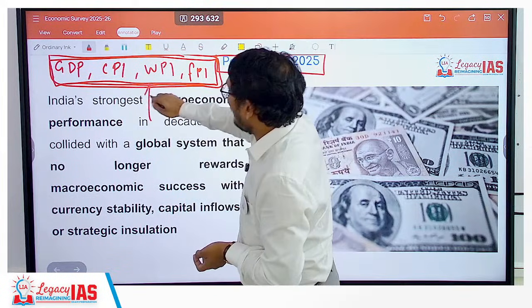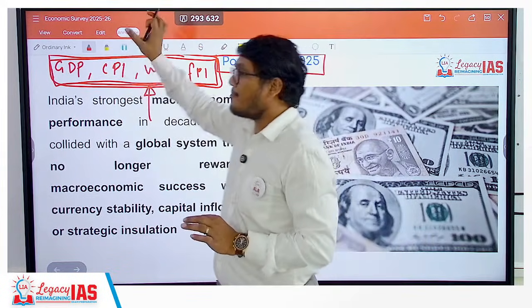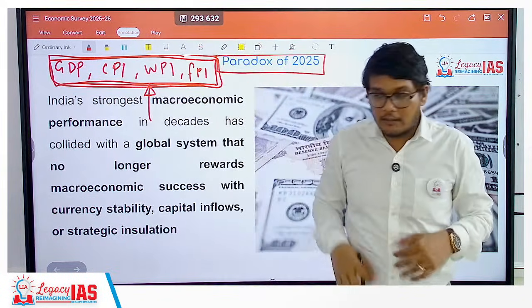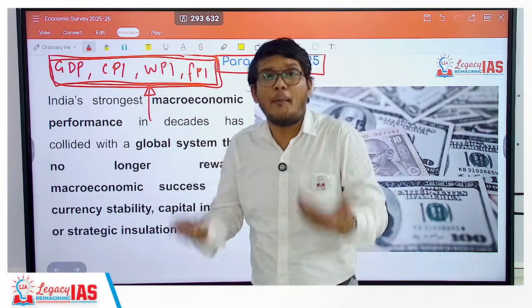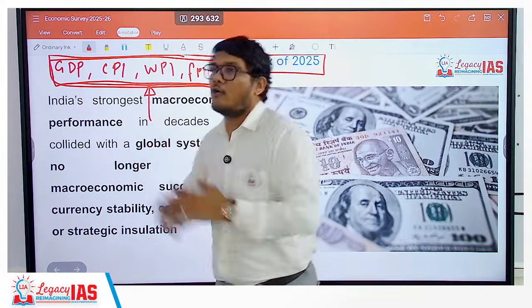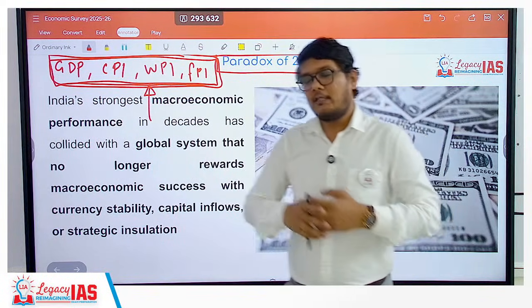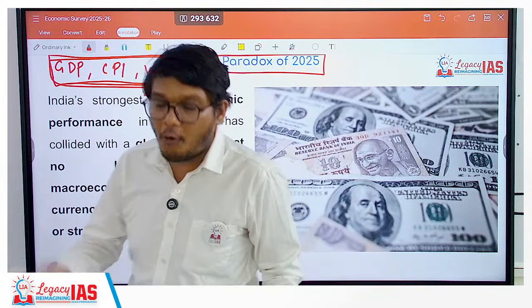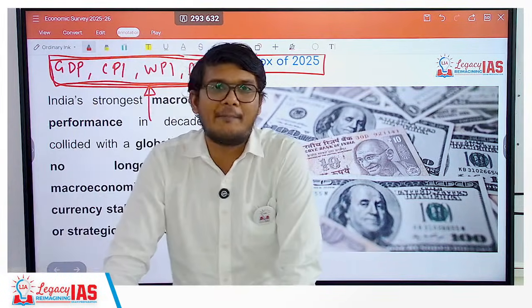The paradox is, now that the Indian economy is doing exceptionally well on these macroeconomic parameters, the global economy has stopped rewarding these macroeconomic parameters.